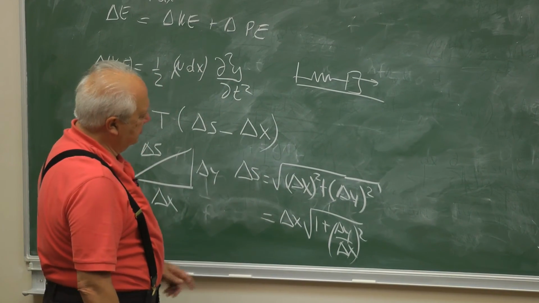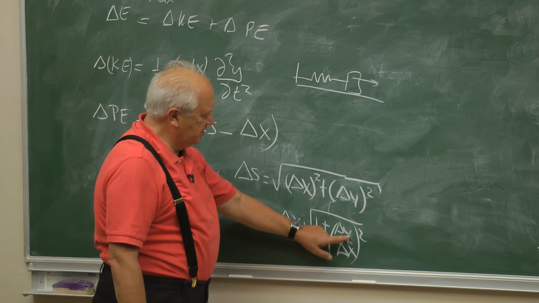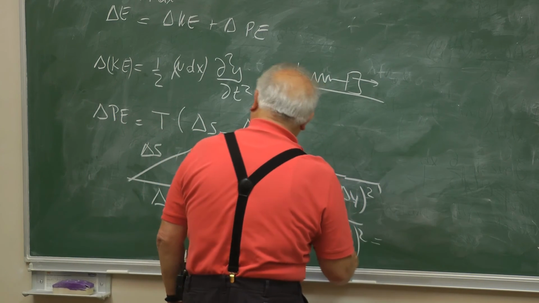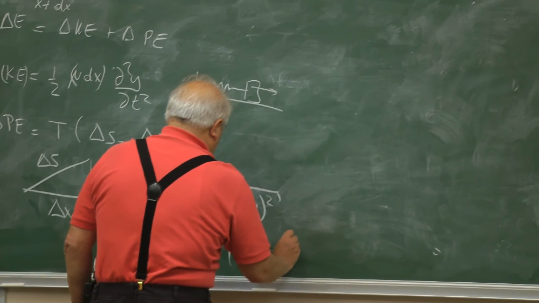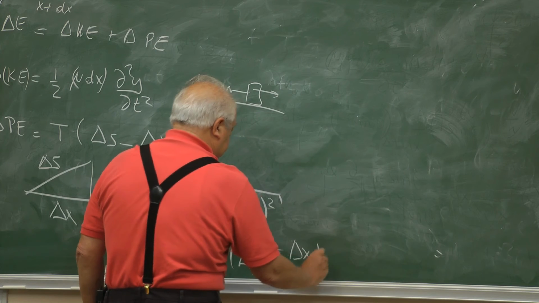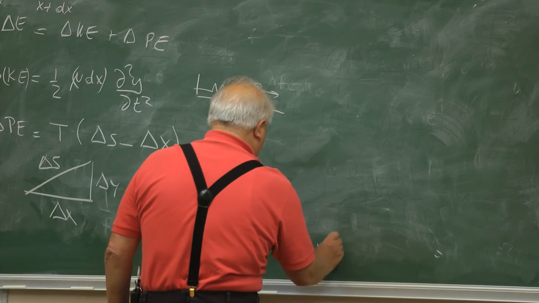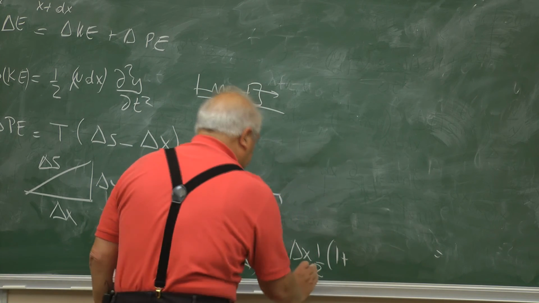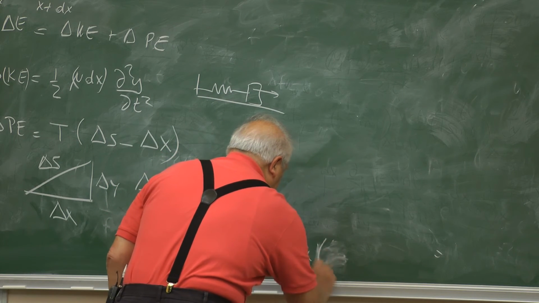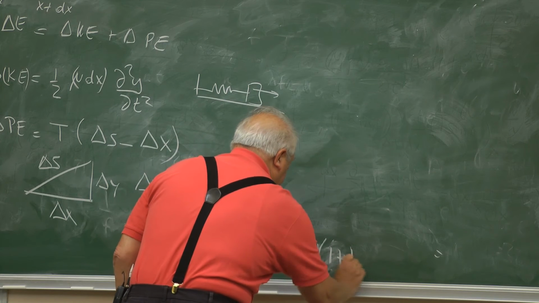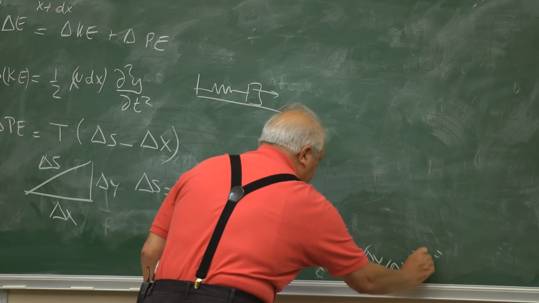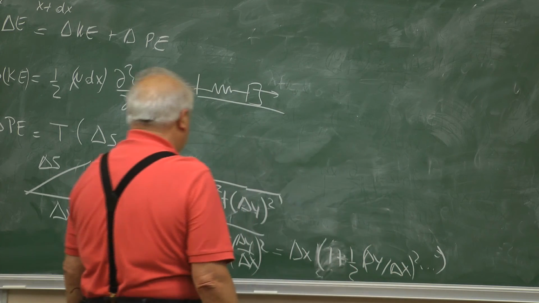And for small transverse displacements, this is like delta x times (1 plus 1/2 (delta y over delta x) squared), etc.